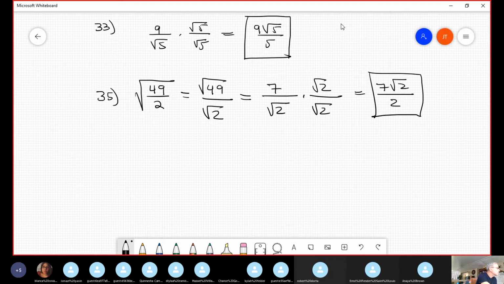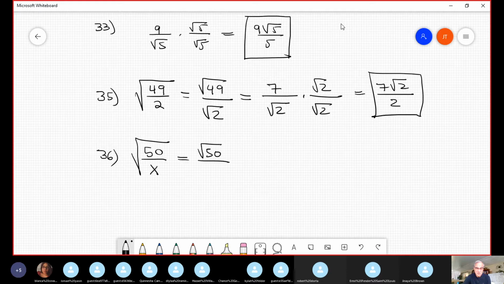Okay, 36. 36 is similar. 36 is radical 50 over x. It's the same. It doesn't matter if it's a number or a variable. Separate it: radical 50 and radical x. Now simplify radical 50.